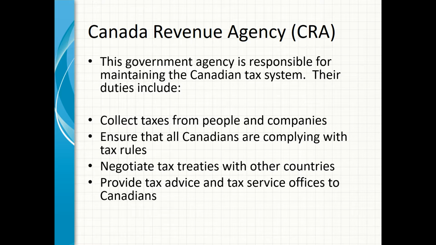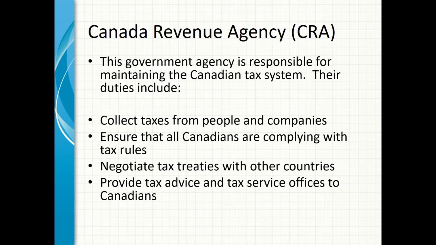So, for example, if you have investments in America and you pay tax in America because of those investments, you won't be paying tax in Canada on that same money. So there's a tax treaty between America and Canada saying people only have to pay tax once where they made the money. They don't have to pay it twice.